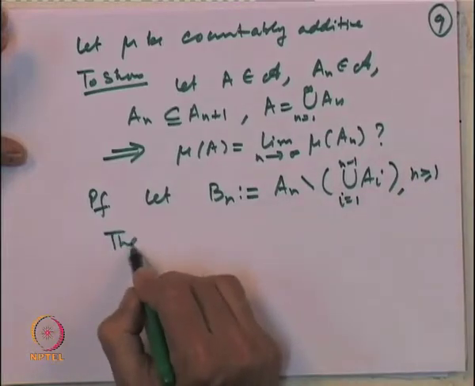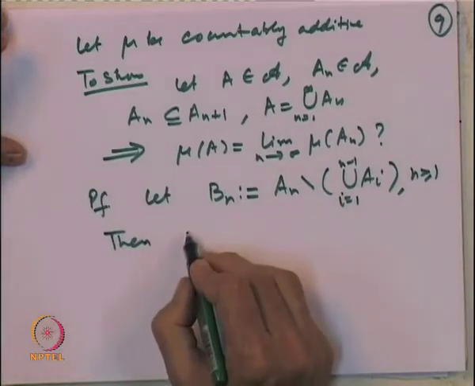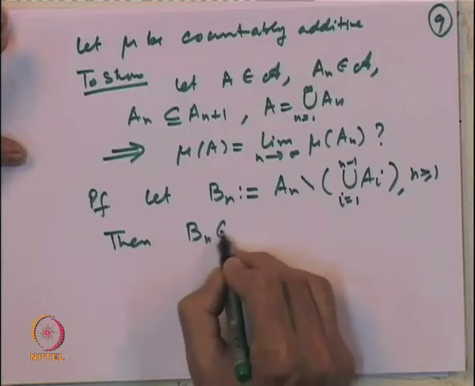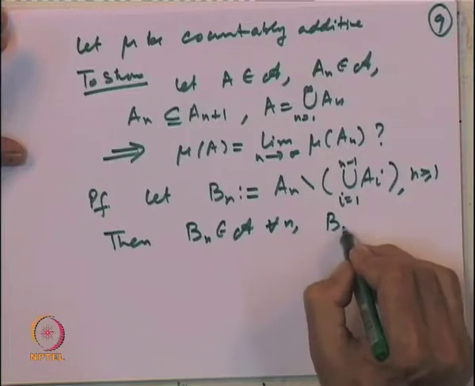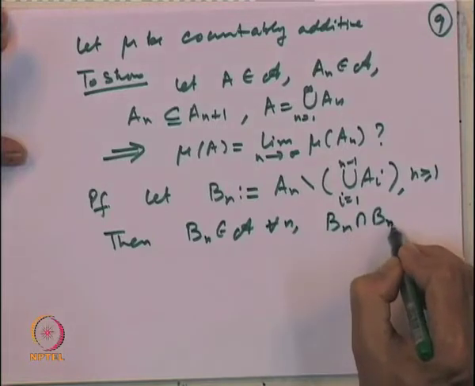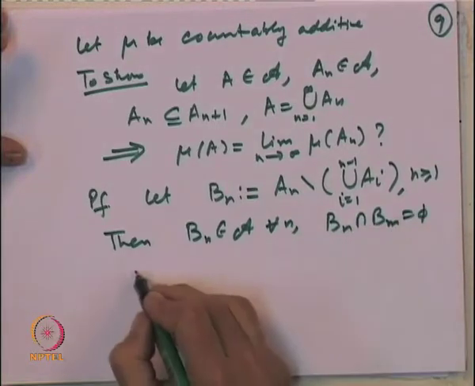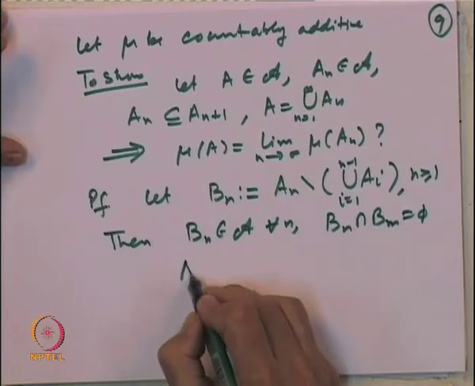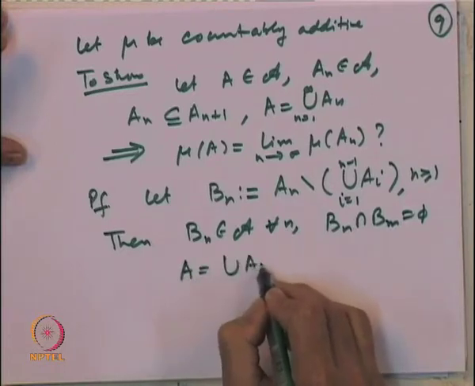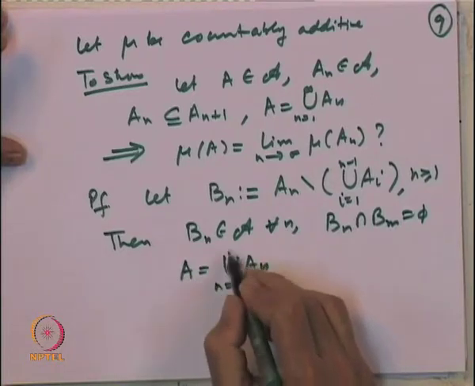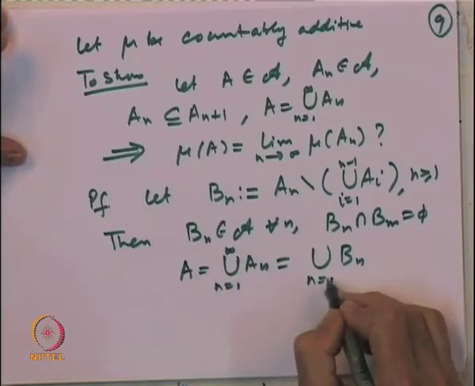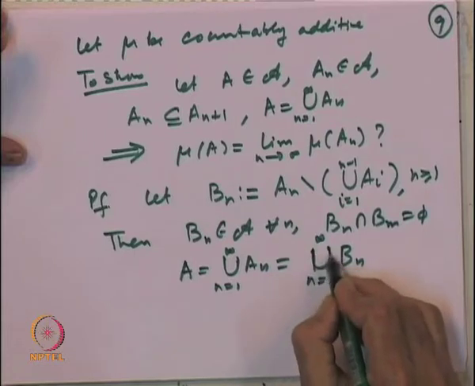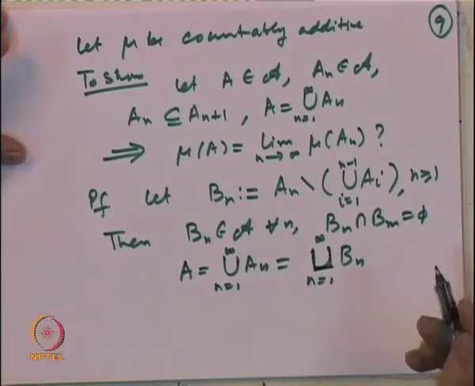Then as observed earlier, each B n belongs to the algebra. B n's are disjoint and A, which is the union of A n's, is also equal to the union of B n's. Of course, this is disjoint.